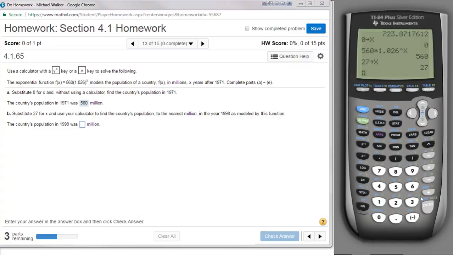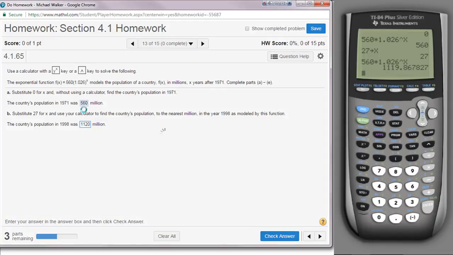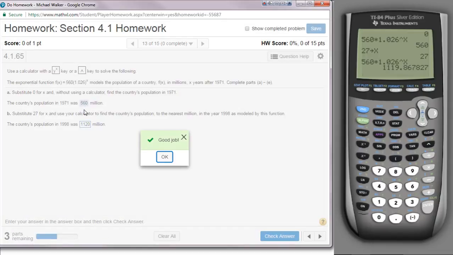Then I go back to my equation and hit enter. I'll get 1,119.8, so the 9 becomes a 0, the 1 becomes a 2: 1,120 million. Great.